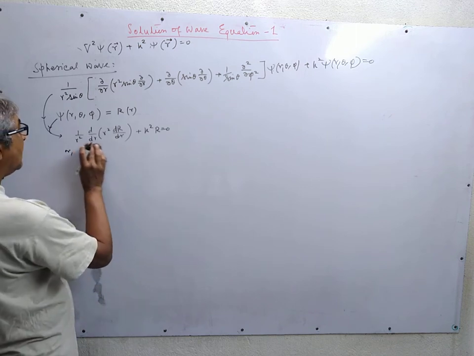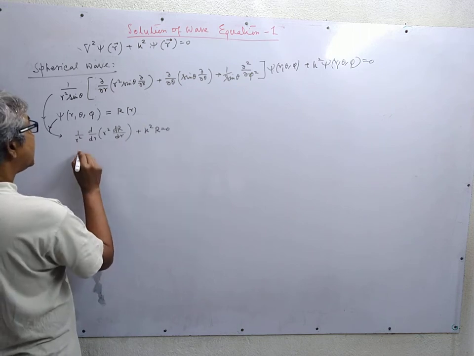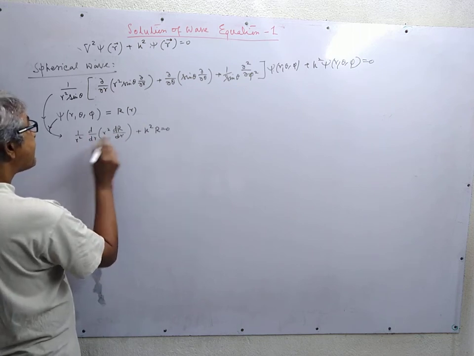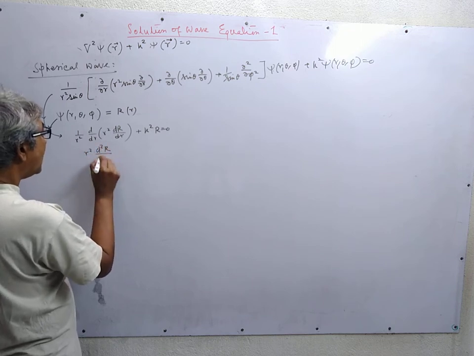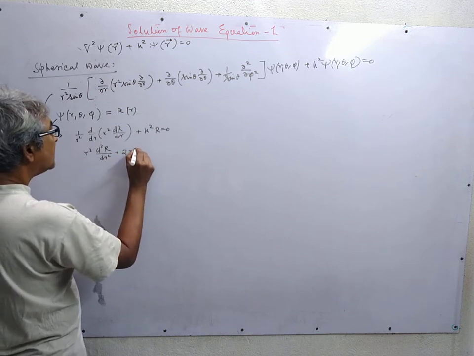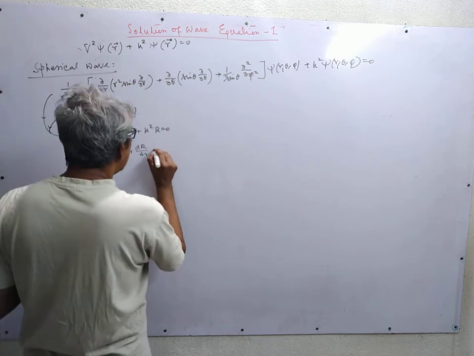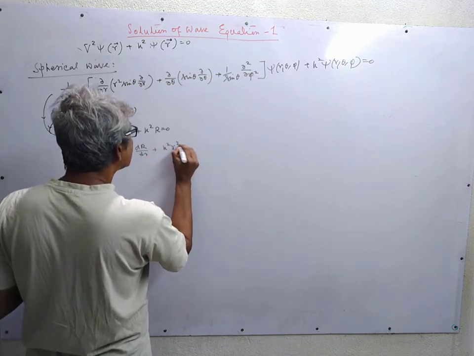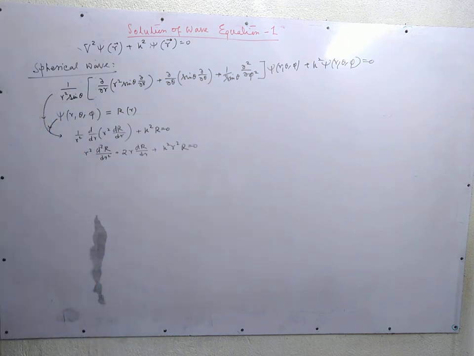We first multiply this by r square, so we get r square d2R dr2 plus twice r dR dr plus k square r square R is equal to 0. This is the differential equation.